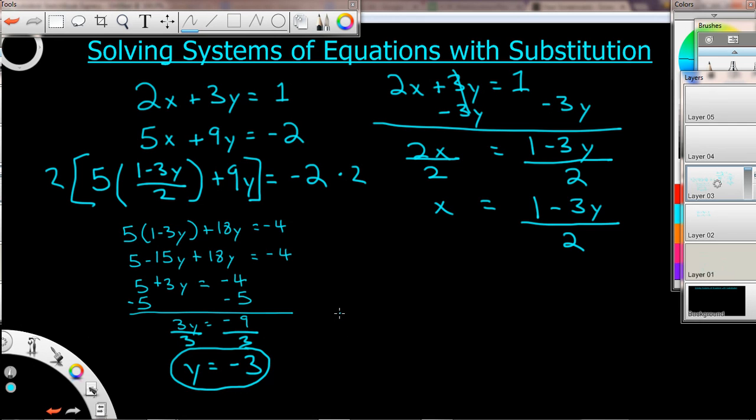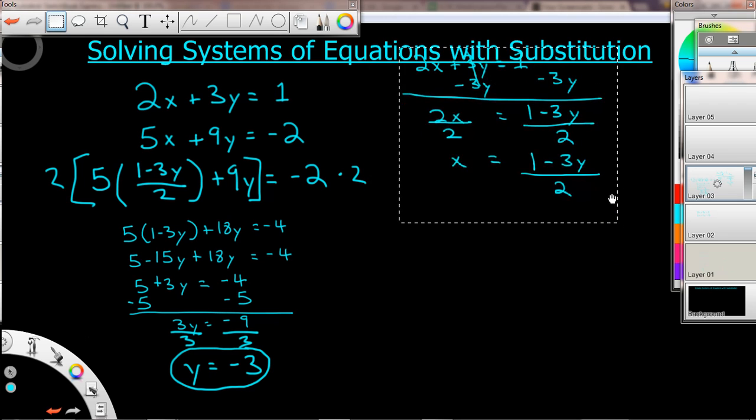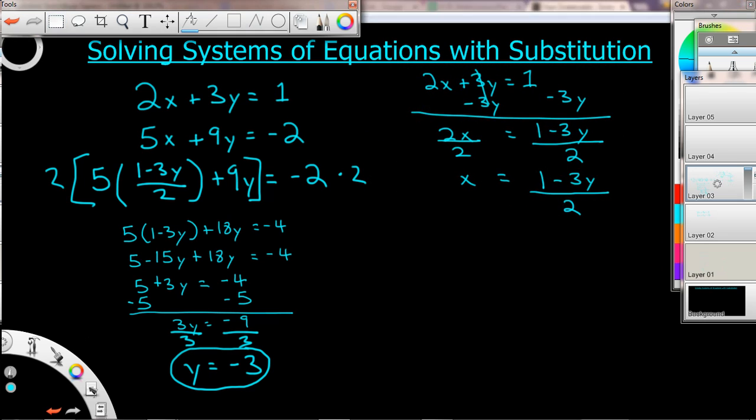Now, to get my x, we're just going to plug this negative 3 into, I think this equation looks a little bit easier. I'm going to shrink this down a little bit to give some room. That should be plenty of room. Okay, so now we're going to say 2x plus 3 times negative 3. That's my y that I just plugged in. Plugged in this negative 3 for this y is equal to 1.